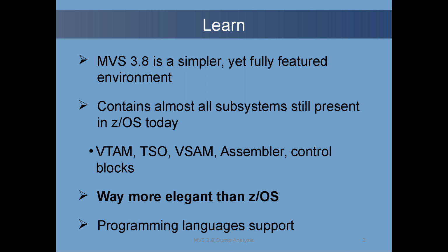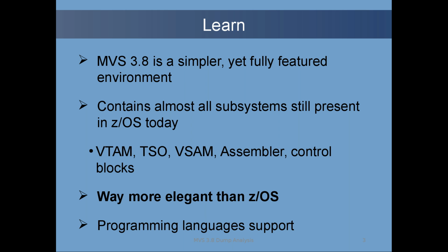Almost all the subsystems of z/OS also exist in MVS 3.8. We have VTAM. Obviously, these are earlier versions. In VTAM, in the communication server, there's no TCP/IP support, even though we have TCP/IP support in a different way. We have TSO, which is not TSO/E, but still.